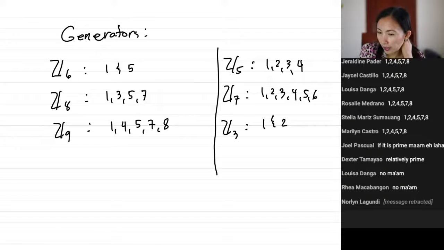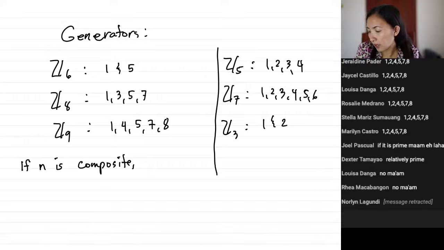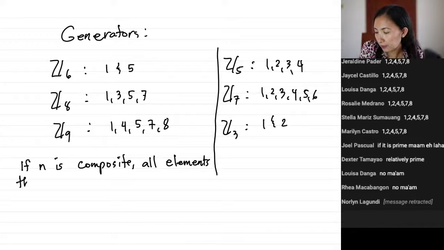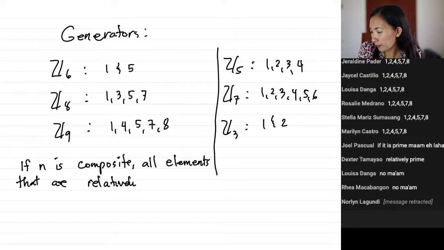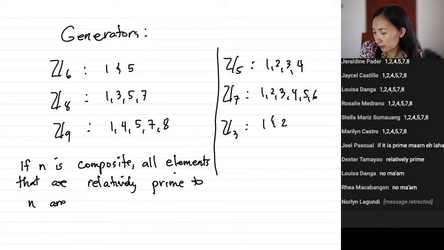Okay, so what did we say? If n is composite, all elements that are relatively prime to n are generators.